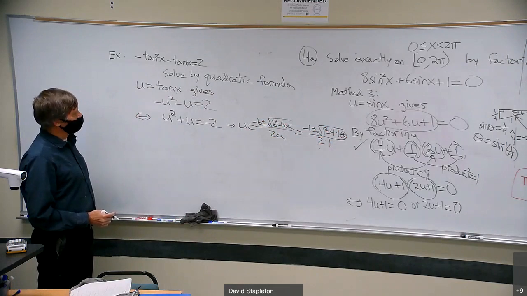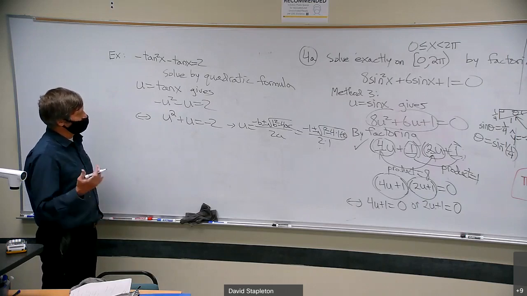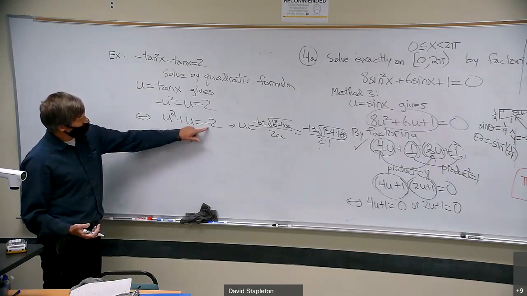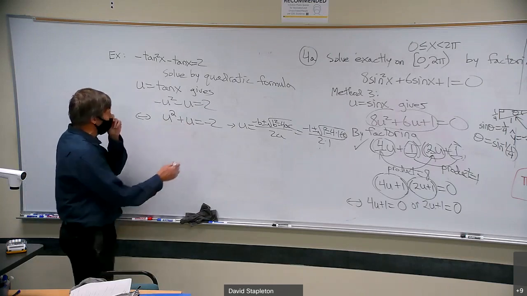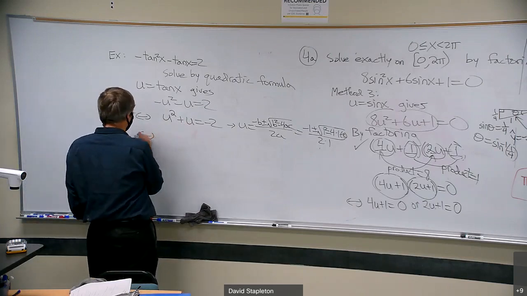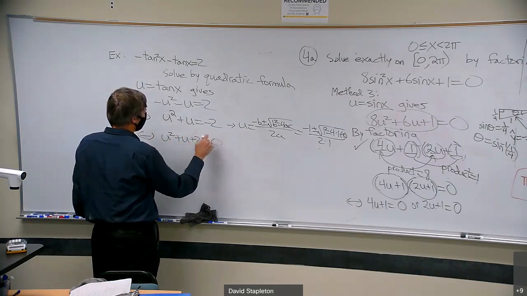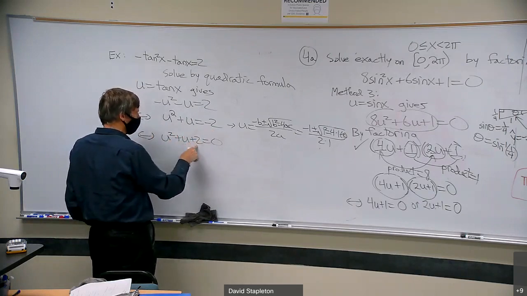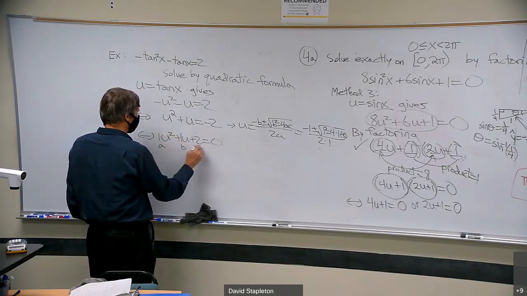In order to apply the quadratic formula, and this is the trouble with formulas, you have to put it in the exact form. You can't have c on the right hand side, it has to be ax squared plus bx plus c equals 0. You need to get 0 on the right. So I'm going to rewrite it as u squared plus u plus 2 equals 0. From which I observe c is not -2, it's c equals +2, right? So a is 1, b is 1, c is 2.